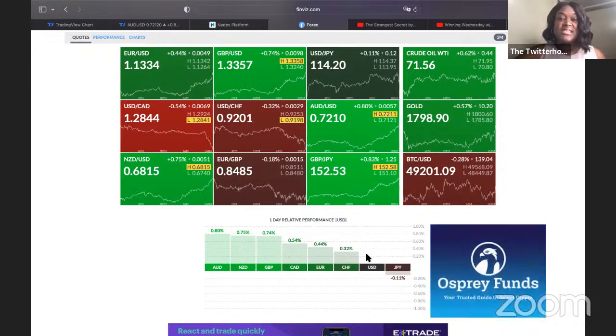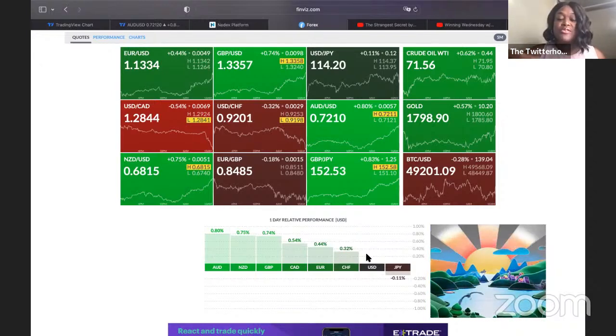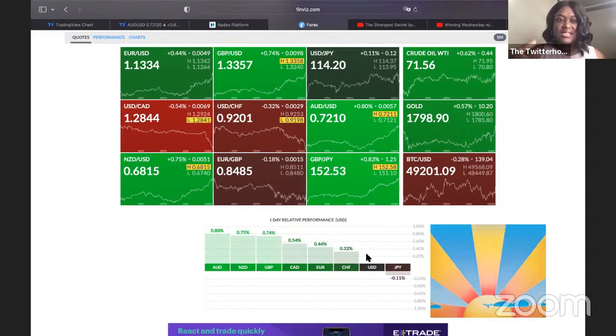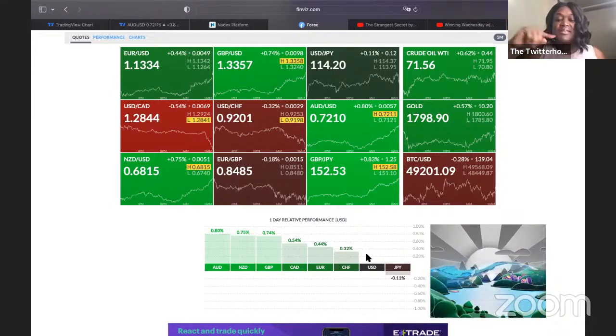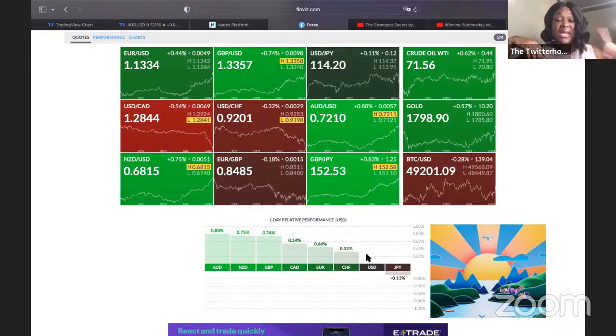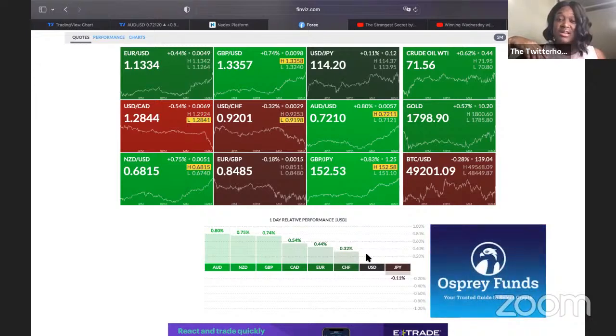So when the base is stronger than the quote, we look for bullish ideas. We look for buys. We look for price to go up. On the flip side, when the base currency is weaker than the quote currency, we're going to be looking for bearish ideas. We're going to be looking for price to go down because a bullish idea is with a bullish candle, price is going up. A bearish idea, bearish candle, price starts up top, closes at the bottom, right?